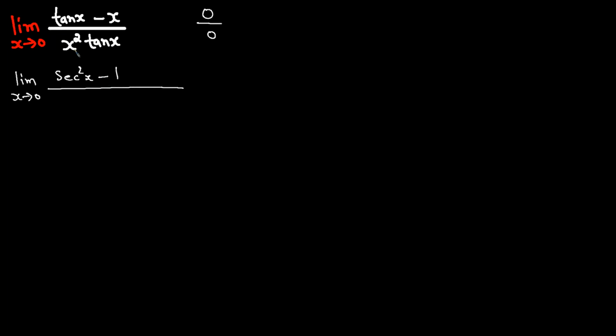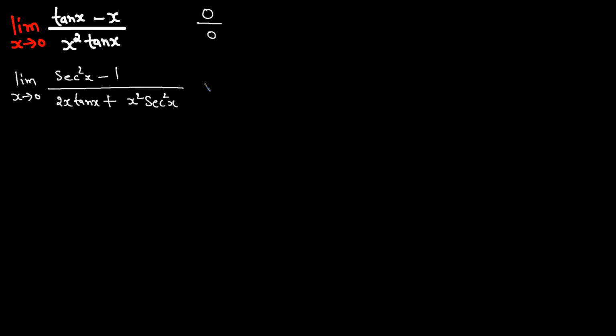So the derivative of x squared times tangent x gives me 2x tangent x plus x squared, and the derivative of tangent x is secant squared x. Again, x is equal to 0 over here, so this part gives me 1, so 1 minus 1 is 0 over 0, and this part gives me 0, so 0 over 0 format again. So we need to use L'Hopital's rule again.